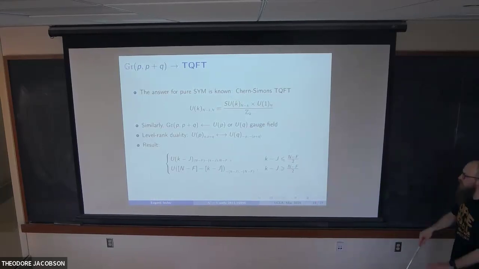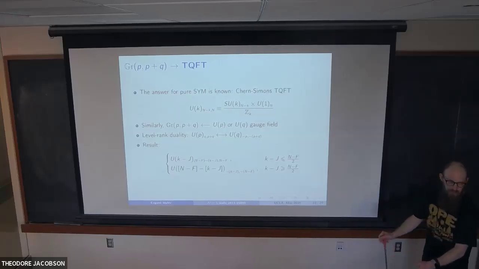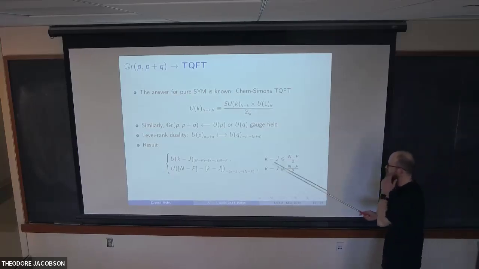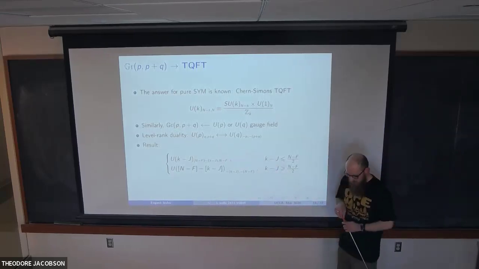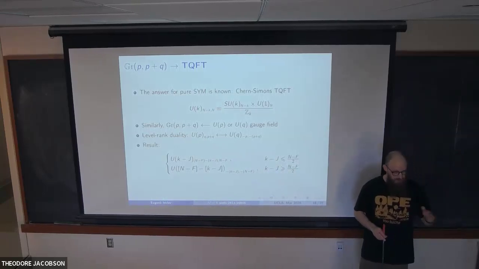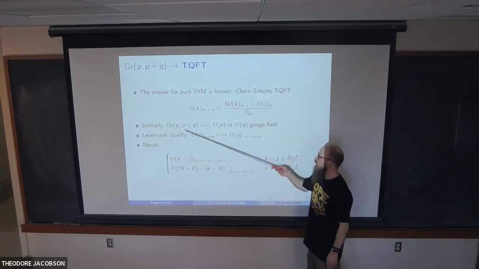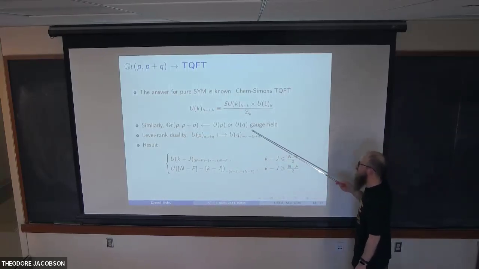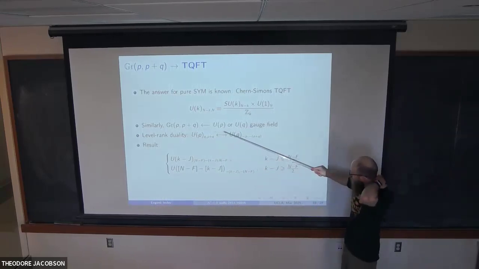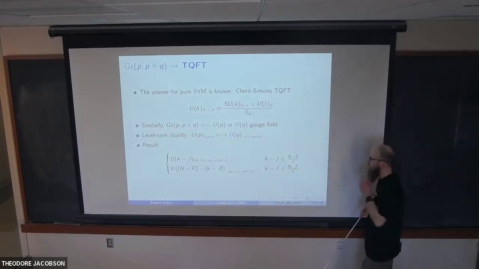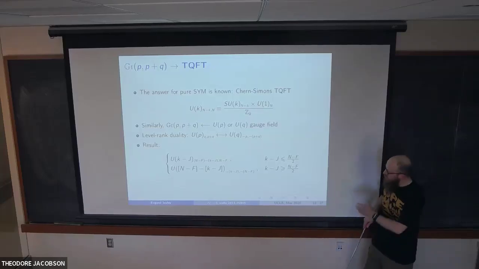Then you can ask the question: what TQFT would it possibly be able to convert to? As with the CP sigma model, which can be rewritten in the gauge formulation by introducing an auxiliary gauge field, the same works with the Grassmannian, only you need to introduce non-abelian gauge fields. For this Grassmannian, there are two choices that you can make, and for each of these choices there should be some level assigned.